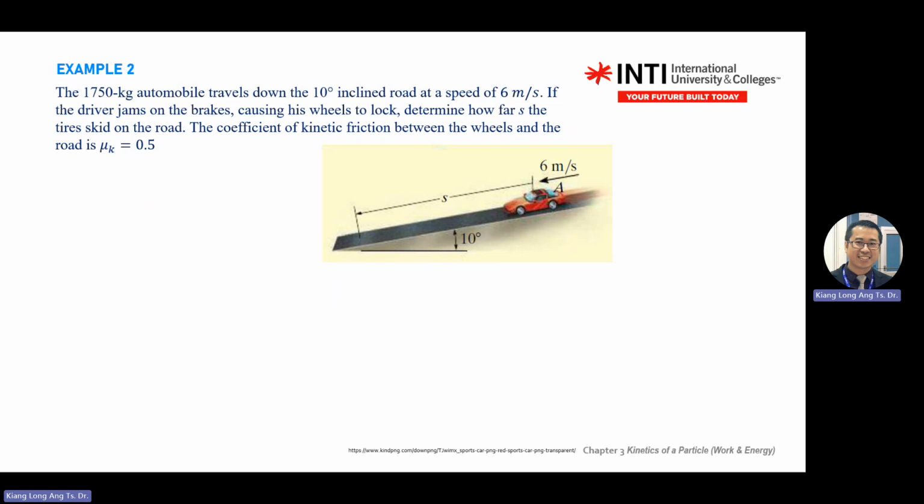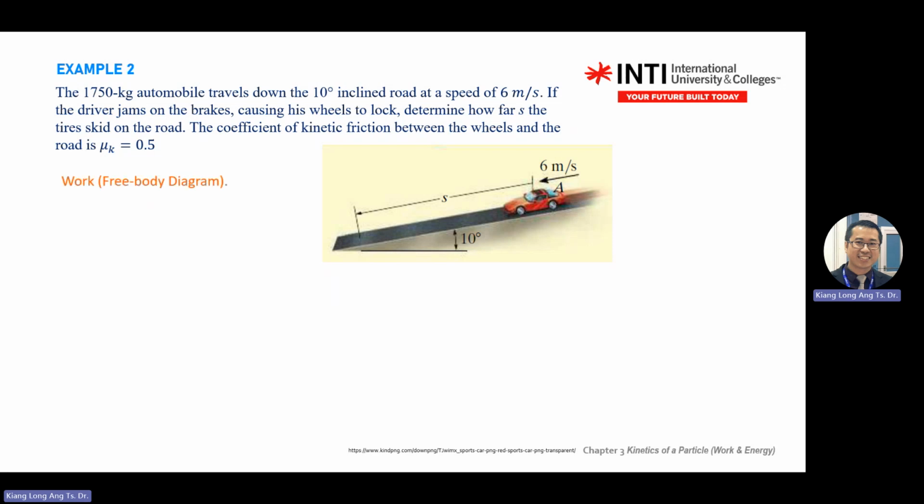The coefficient of friction is given. This one is kinetic friction, which means it's in motion. Of course this is not a good question. The question should mention applying the principle of work and energy to find something. If this one does not mention anything, you can solve it by the F equals ma equation, by chapter 2 equations.